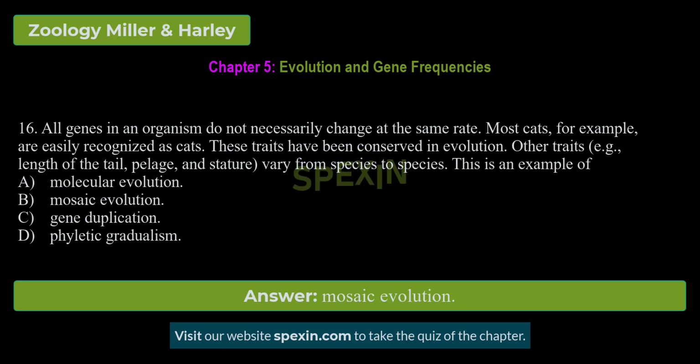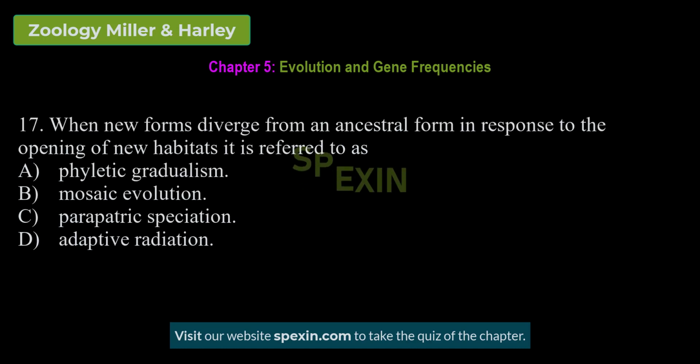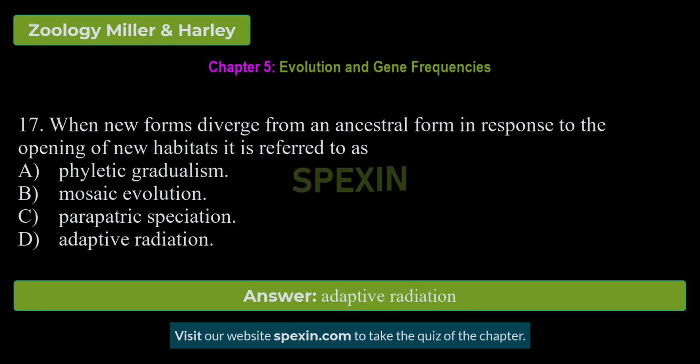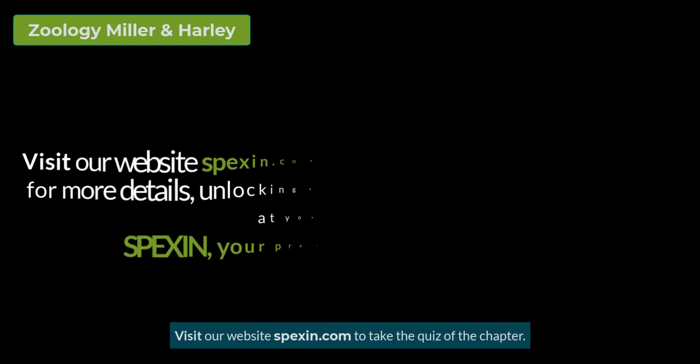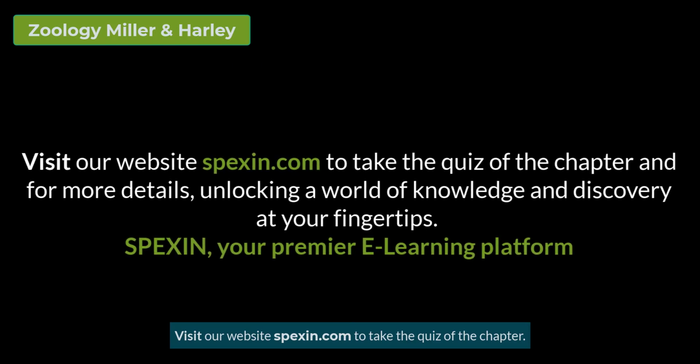Correct answer: mosaic evolution. When new forms diverge from an ancestral form in response to the opening of new habitats, it is referred to as phyletic gradualism, mosaic evolution, parapatric speciation, adaptive radiation. Correct answer: adaptive radiation.